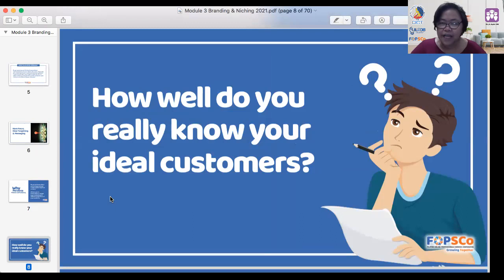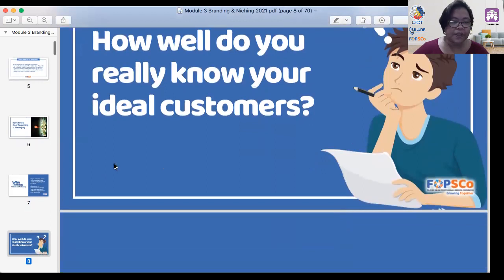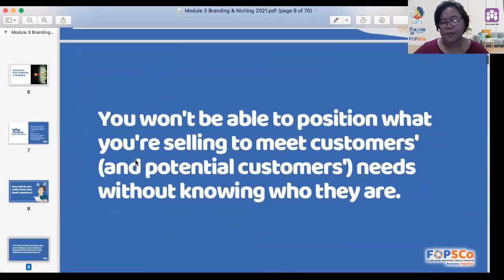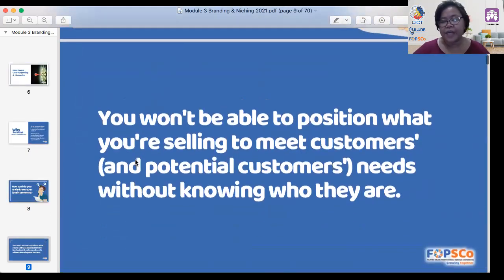Something like that. So basically it's also guiding you: how well do you really know your ideal customers? By defining and identifying your buyer personas, you get to know your ideal customers. And then it says you won't be able to position what you're selling to meet customers' and potential customers' needs without knowing who they are. Correct.